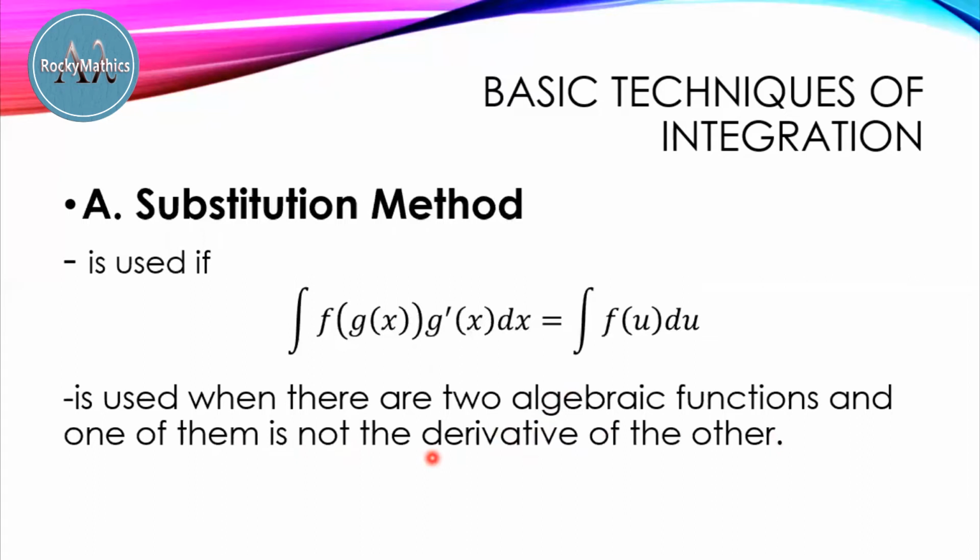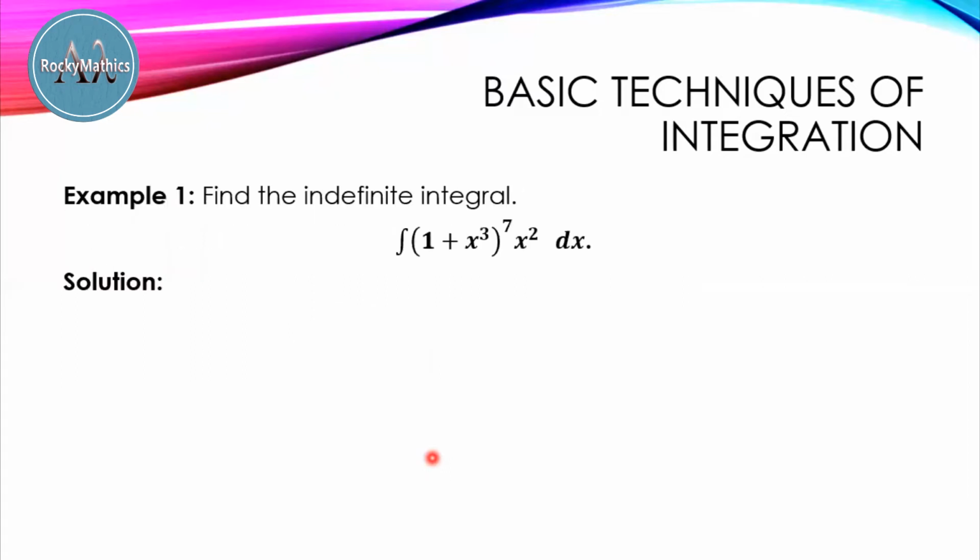To understand more about the substitution method, we have here an example. First example, find the indefinite integral given by the integral of the quantity 1 plus x cubed raised to 7 times x squared dx.